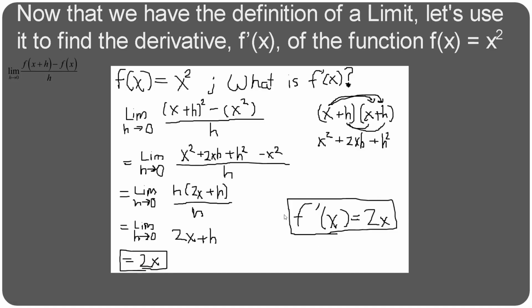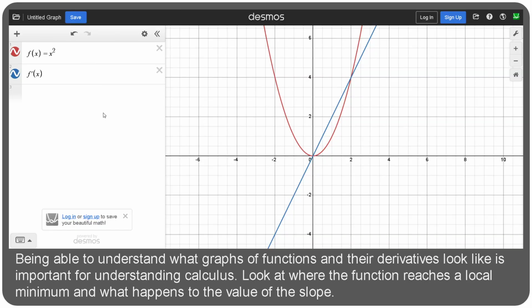And let's talk about that a little more. You'll see why in a second when we go over the power rule. But let's talk about just the general relationship between derivatives and normal functions. So here on Desmos, I have loaded up f of x equals x squared. And then I have f prime of x, which, as we just went over, is 2x.